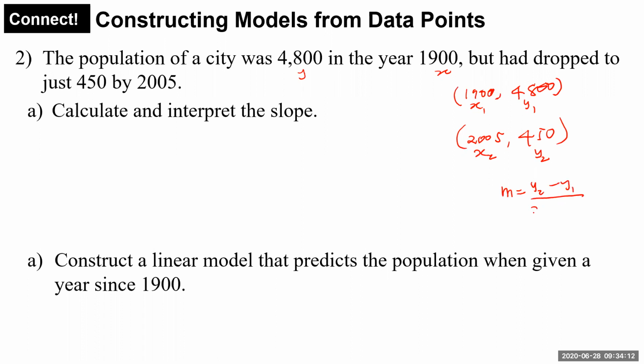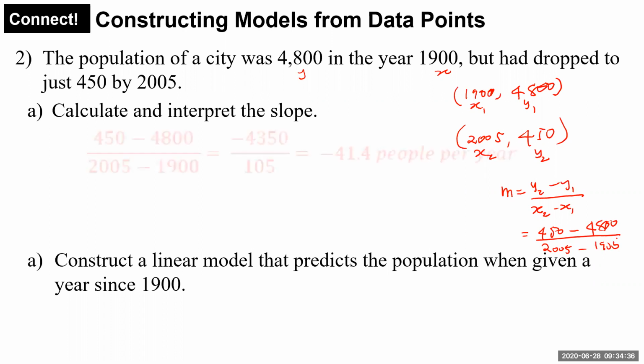Now, when you do that, you come back and put it in the formula: y2 minus y1 over x2 minus x1. Now what is your y2? y2 is 450. y1 is 4800. And then x2 is 2005, and x1 is 1900.